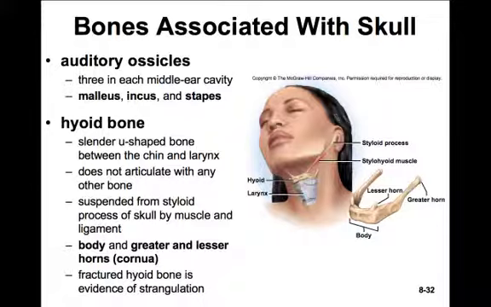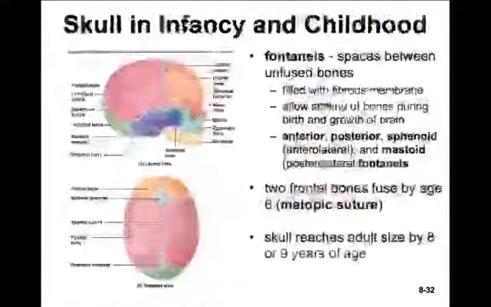The hyoid bone is suspended from the styloid process of the skull. You can see that up here. The hyoid bone has a body, a greater horn, and a lesser horn right here. If someone has a broken hyoid bone, it's a great indicator that they've probably been strangled. It's a hard bone to break.